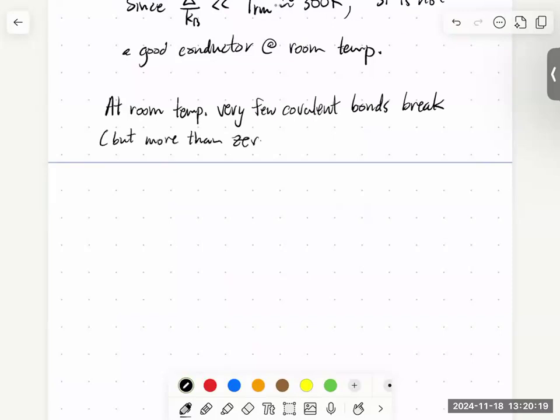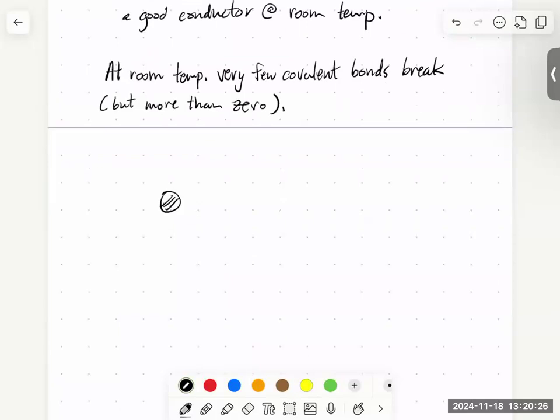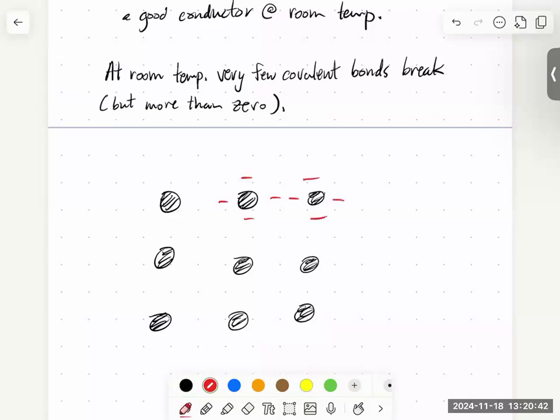So let's see what happens when we do have a broken one. So I'm going to repeat the picture that we drew. Here's my nucleus with the 10 core electrons. I'll draw 9 of them again. And we'll place our valence electrons, 4 for each atom.